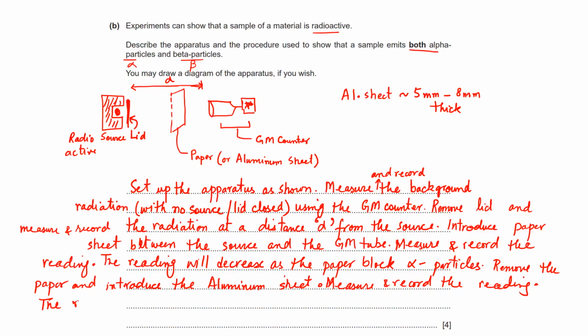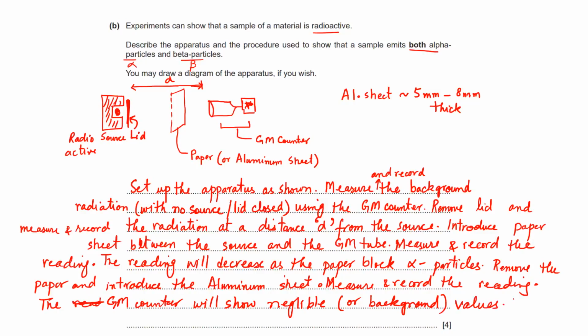The GM counter will show negligible or background values, okay, because the aluminum sheet blocks both alpha and beta emissions.